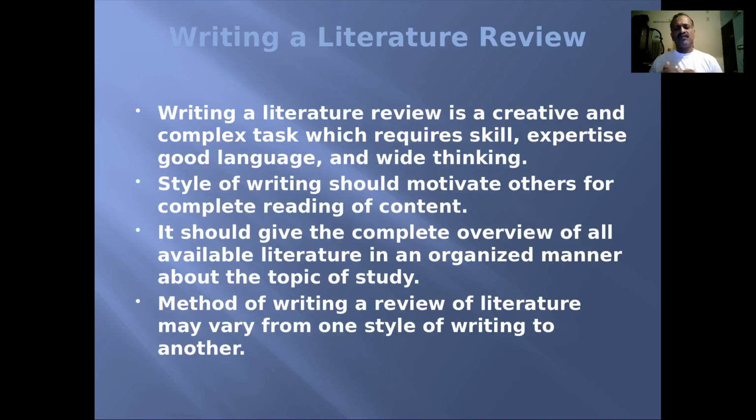The method of writing a review of literature may vary from one style of writing to another. As I mentioned, in APA we write one way, and in the Harvard style or the Vancouver style we write in a different manner. That may vary from one style to another, but if you are using a style, you have to stick to the style for writing the literature from beginning till the end.